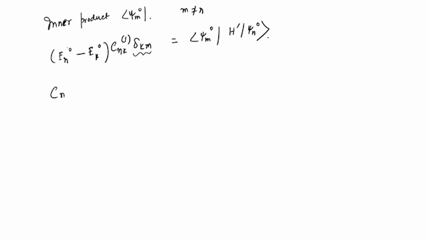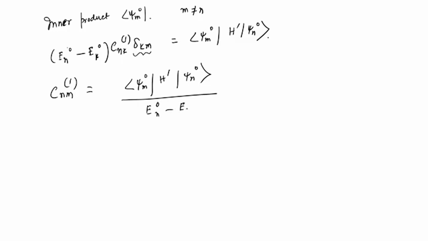So, we have Cnm1, which is equal to psi m0 H prime psi n0 divided by En0 minus Em0.